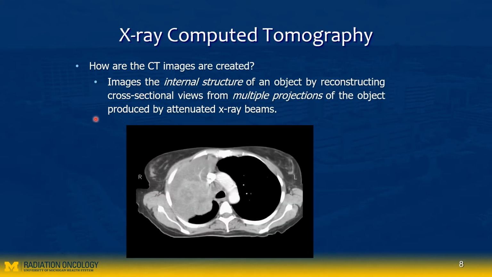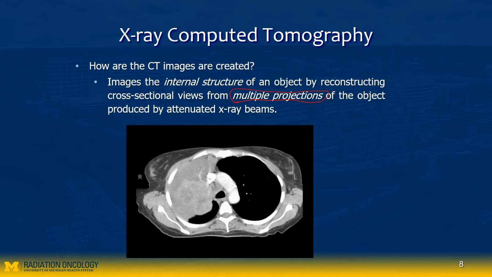So how are CT images created? In short, CT images the internal structure of an object by reconstructing a cross-sectional view from multiple projections of the object, produced by attenuated X-ray beams. I'll go into detail, but basically the key here is multiple projections. It's not just a single projection like a chest X-ray.